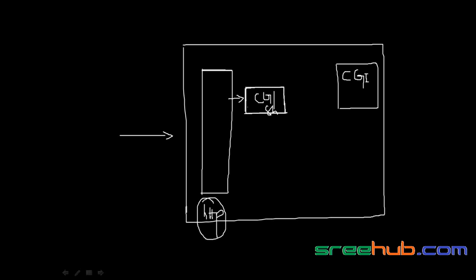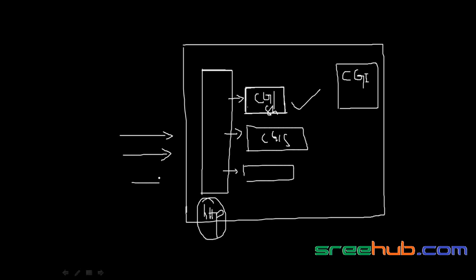So I'm saying that it starts a separate process for each request. If there is one more request, again it will start a second process, a separate CGI shell. For one more request, again it starts one more process.